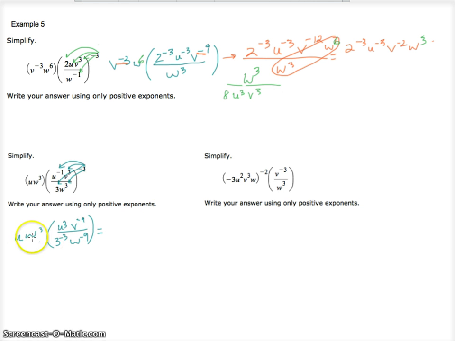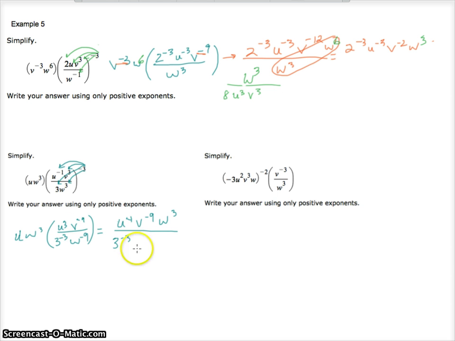Now I can rewrite this and multiply all this stuff in. u to the 1 times u to the 3rd gives me u to the 4th, v to the -9 over w to the 3rd power. I'm going to save the 3 to the -3 for last.